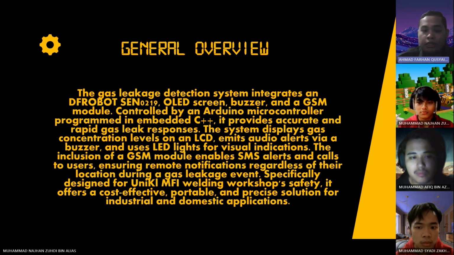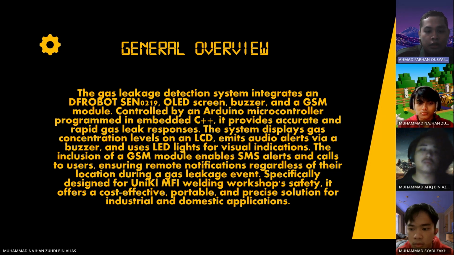The system displays gas concentration levels on LCD, emits audio alert via a buzzer, and uses LED lights for visual indications. The inclusion of a GSM module enables SMS alerts and calls to users, ensuring remote notifications regardless of their location during a gas leakage event.